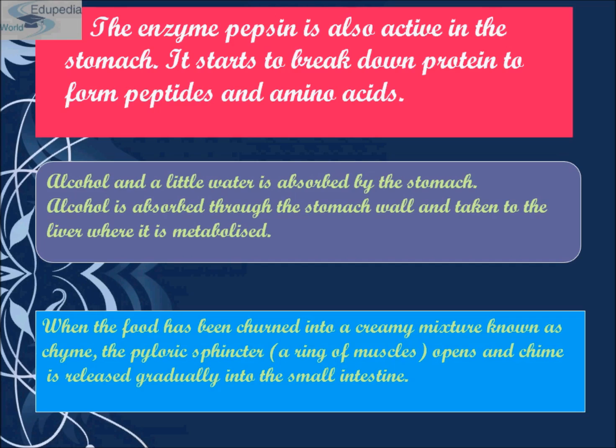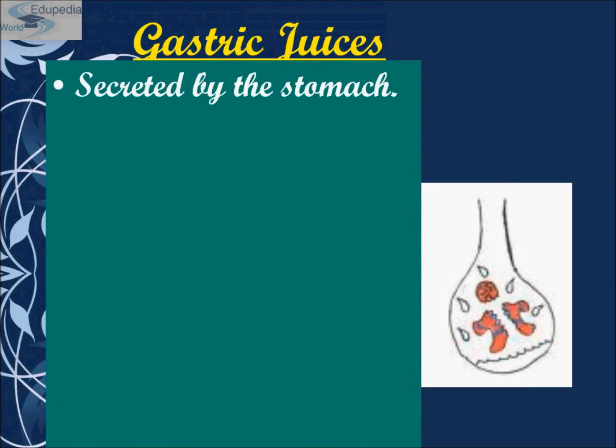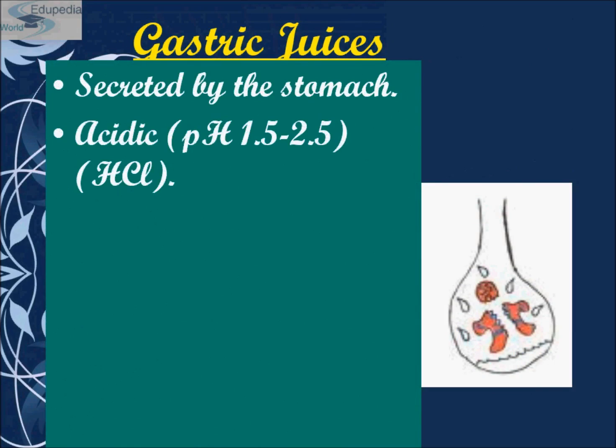When the food has been churned into a creamy mixture known as chyme, the pyloric sphincter, or you can say the ring of muscles, opens and the chyme is released gradually into the small intestine. Now come the gastric juices secreted by the stomach.